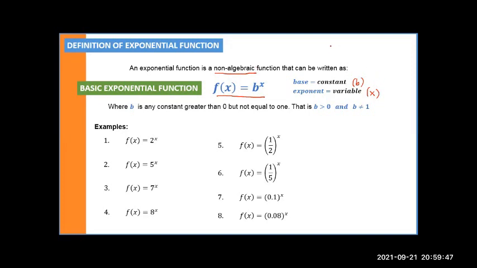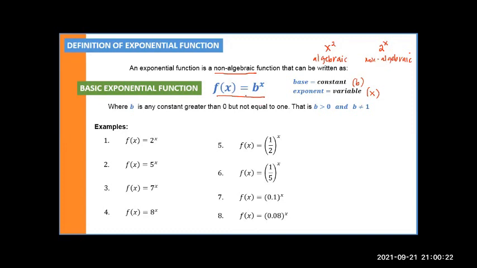So ang algebraic kasi is variable yung base, then constant yung exponent. So katulad ng x squared. So this is algebraic. While pag non-algebraic naman, baliktad yung pwesto nila. So ang base natin ay constant, then ang exponent ay variable. So ganyan ang exponential function.